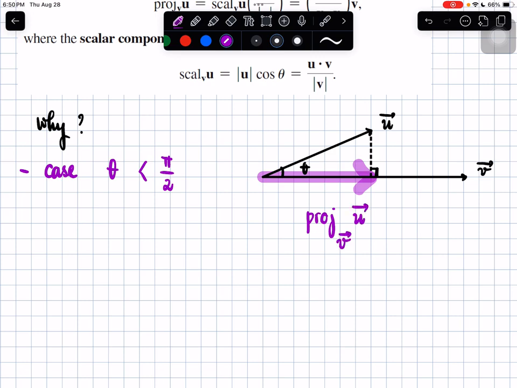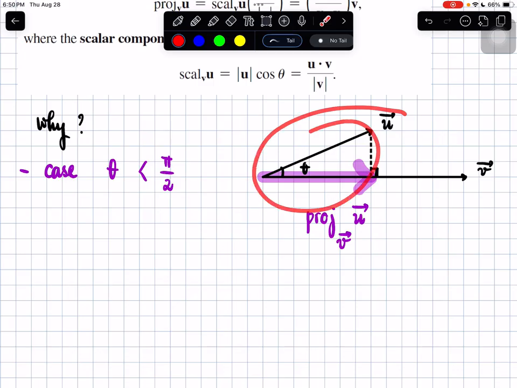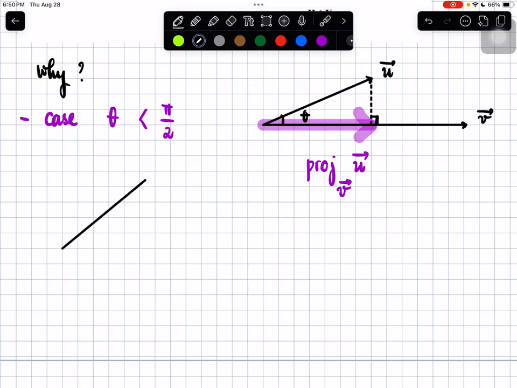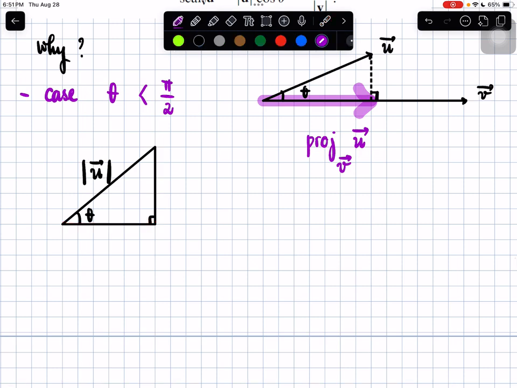So now let's compute it. Let's look at this right triangle. Here's a right triangle we have. So here's the angle theta. The hypotenuse here is actually the length of vector u, right? The length of this side is the length of the projection of vector u onto vector v, right?